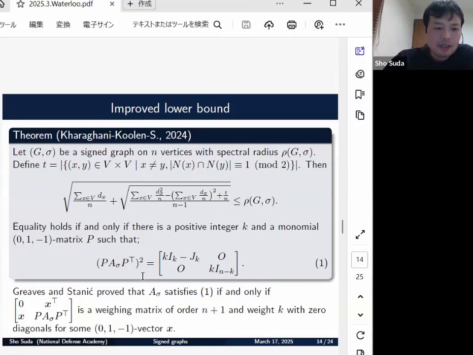So this is something similar to the Wang matrix conditions.